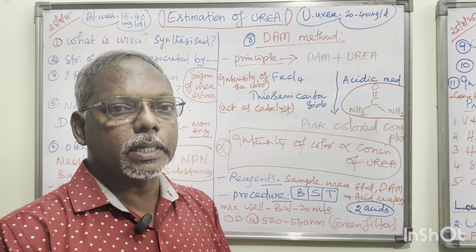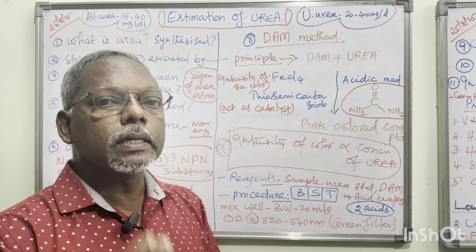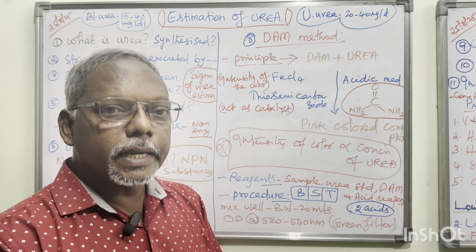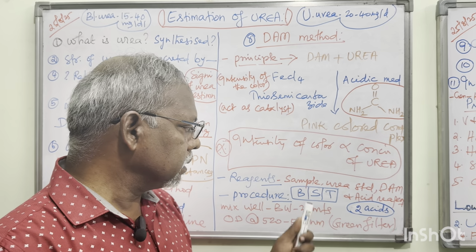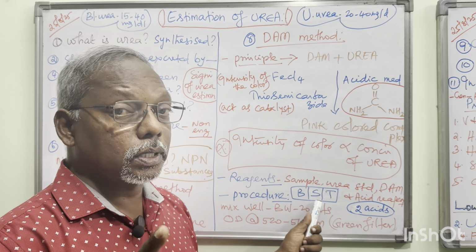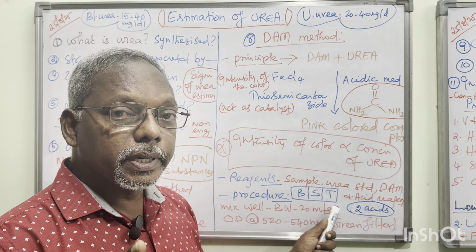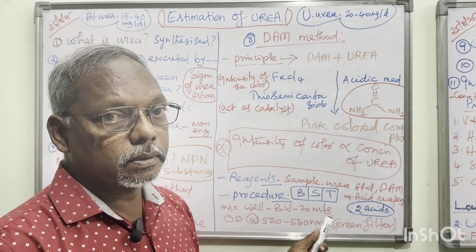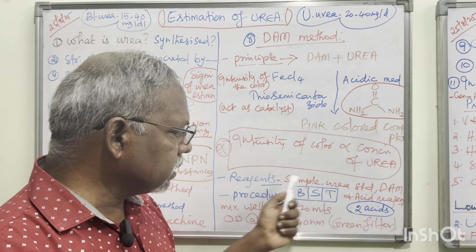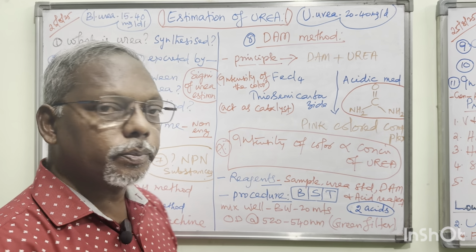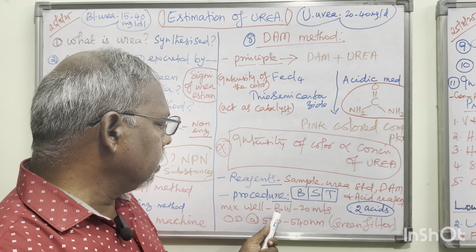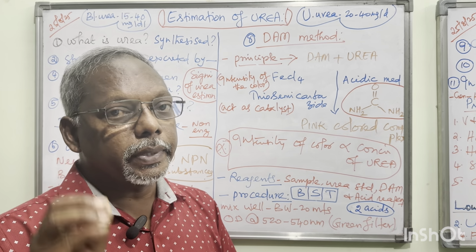This is the patient sample, in which you are going to analyze the analyte present in the blood. So standard means known concentration, test means unknown concentration, right? With these 3 test tubes, you have to mix well and keep in a water bath for 20 minutes.